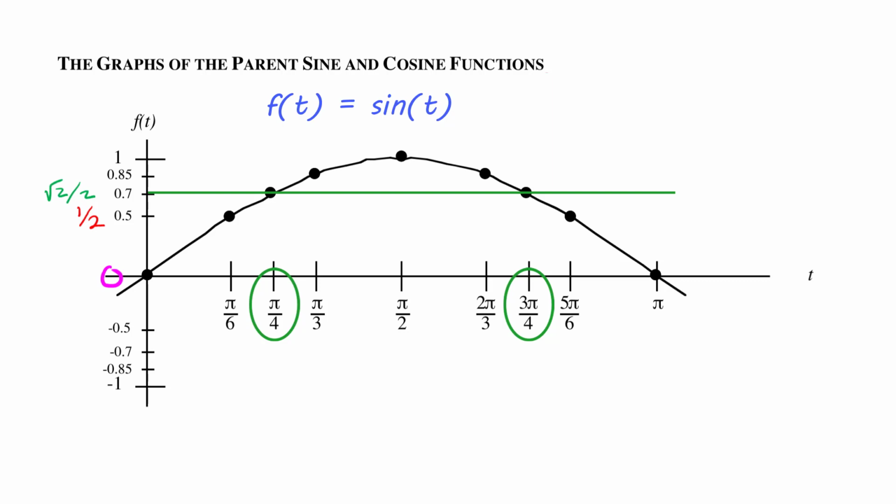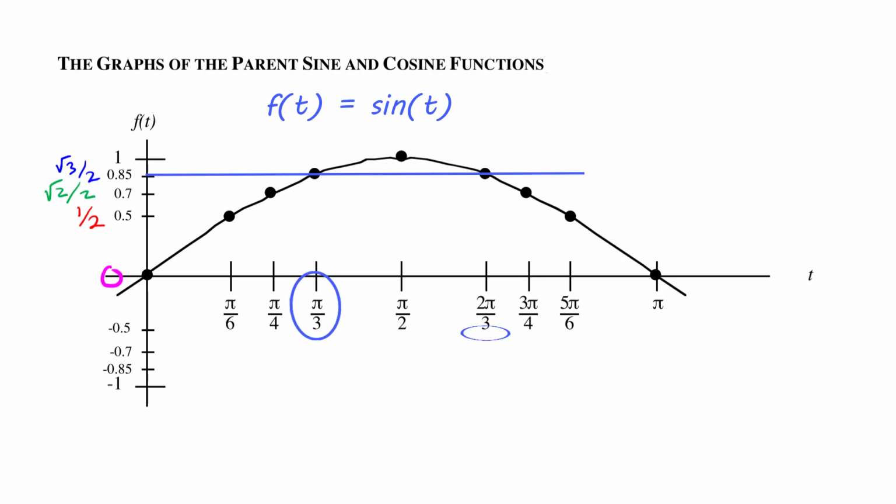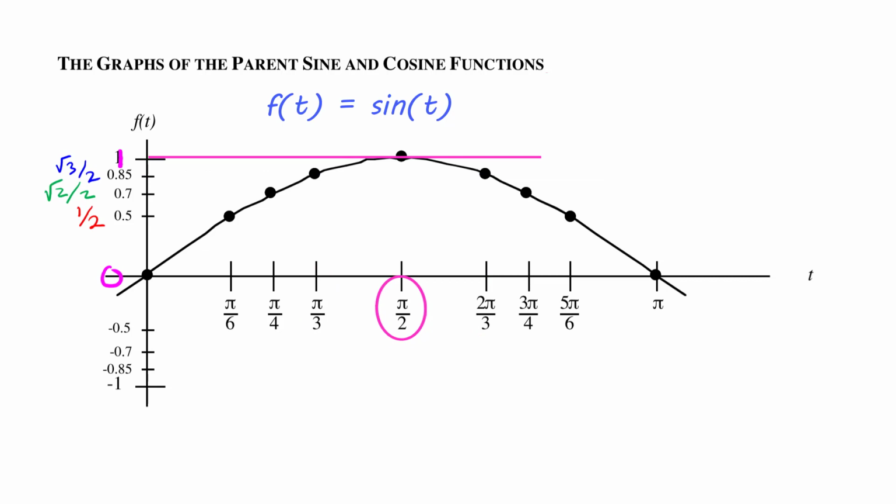And sine is square root of 3 over 2, which is about 0.85 at pi over 3 and 2 pi over 3. And at 90 degrees, or at pi over 2, the sine is 1.